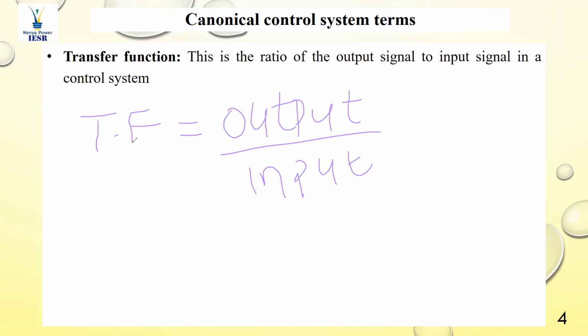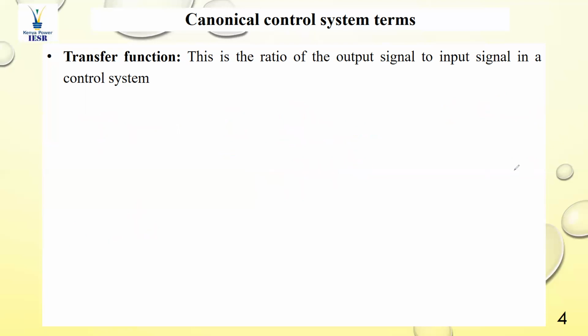So for example, in our diagram, we had the output denoted by C, and our input denoted by R of S. So S represents the Laplace transform of T. S is the frequency domain, while T is the time domain.